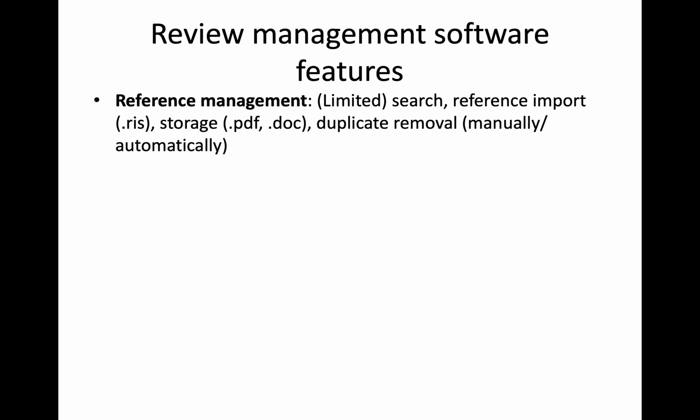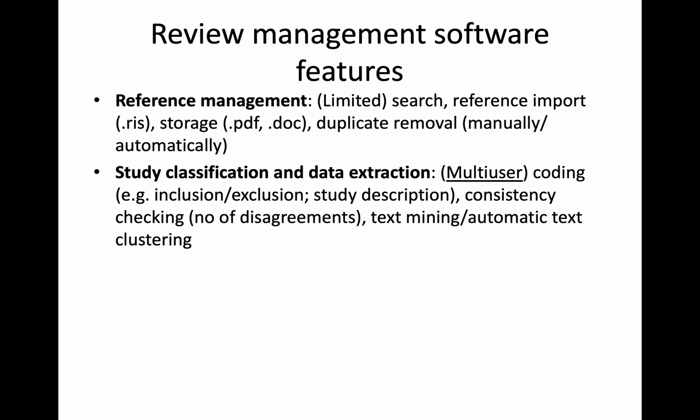They all allow you to import references. They typically all allow you to store PDFs or doc files of the full texts. And as I said before, they allow manual and automatic removal of duplicates. They also have this study classification and data extraction capability, which is important for multi-user sharing across a team.